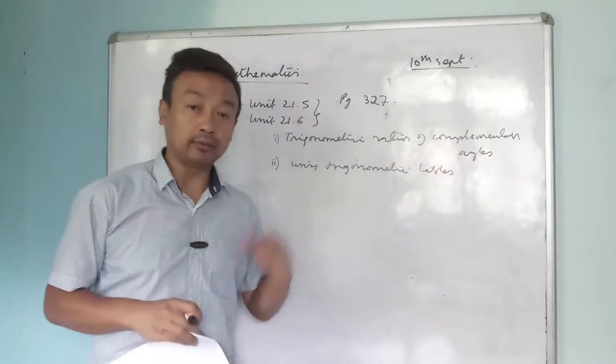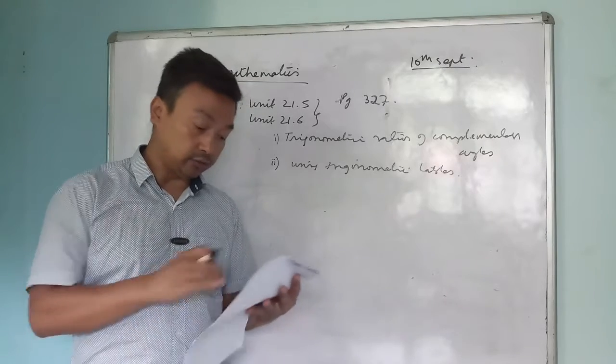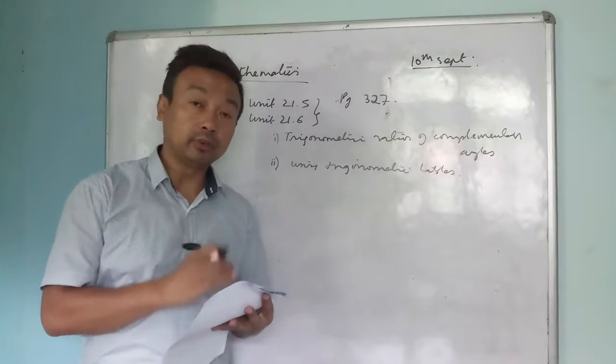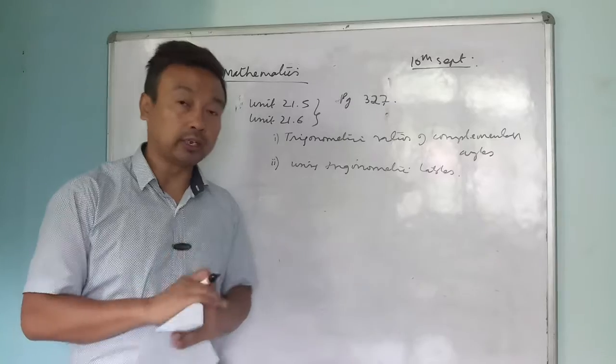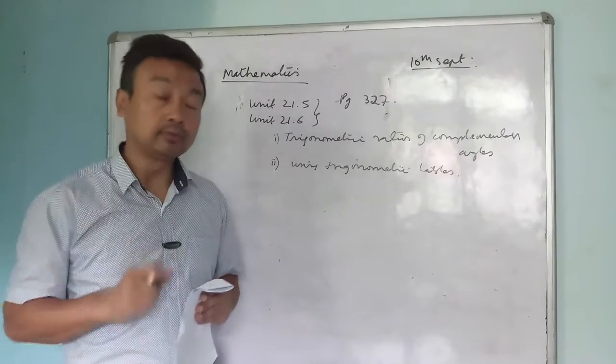These two units have been excluded, and you have only the first section which we have done, trigonometric identities using the square identities like sine square theta plus cos square theta equals 1.